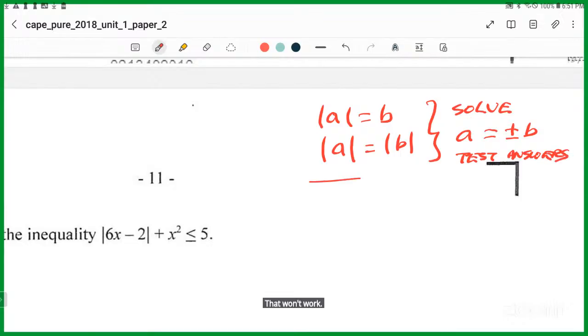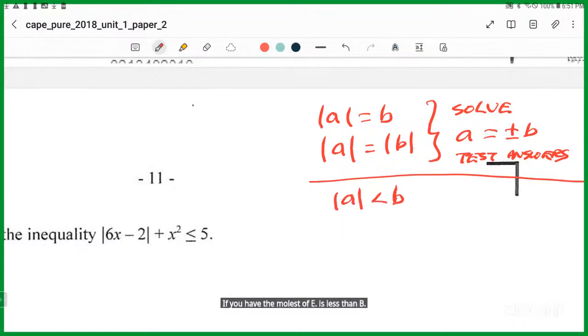That's one. If you have the modulus of A is less than B, then you solve A less than B greater than minus B. Solve that. These are like standard results.